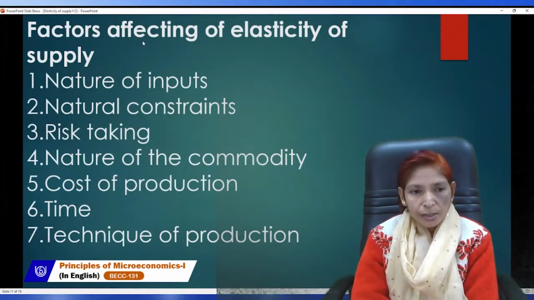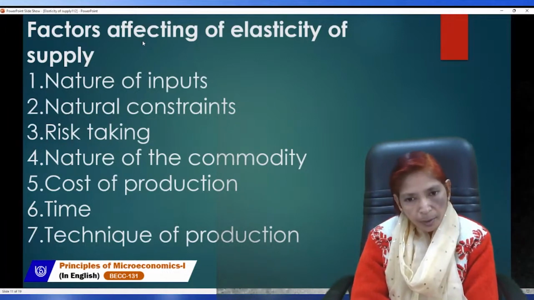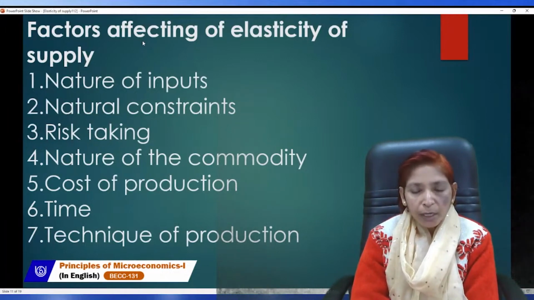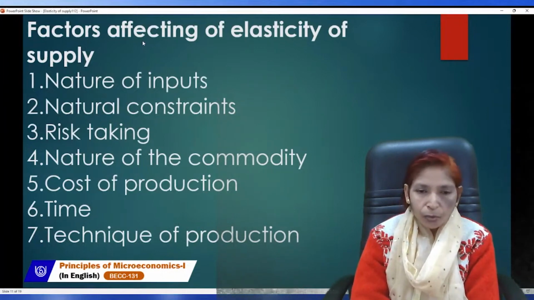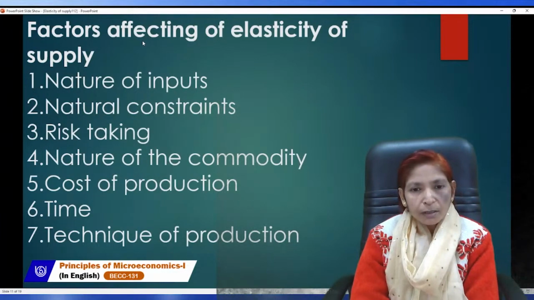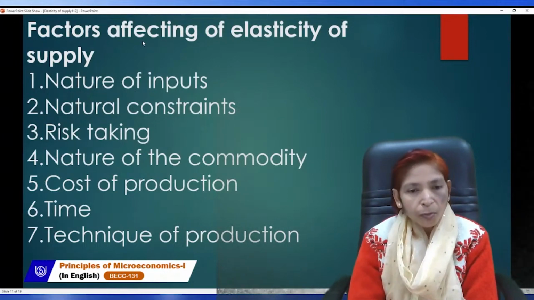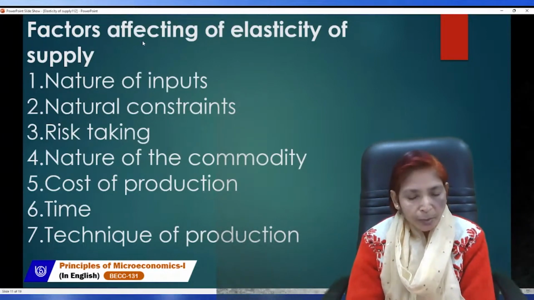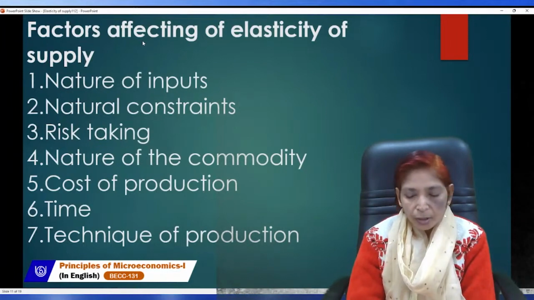Commodities have so many natures. Commodities are of so many types. One is a commodity may be durable, a commodity may be perishable, and a commodity may be semi-durable. Perishable goods are those goods which are generally used for 1 day or 2 days. You don't store them, you don't keep perishable goods for too long, like milk and bread.